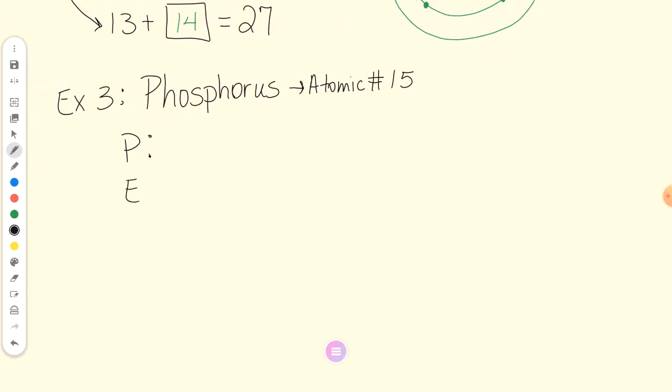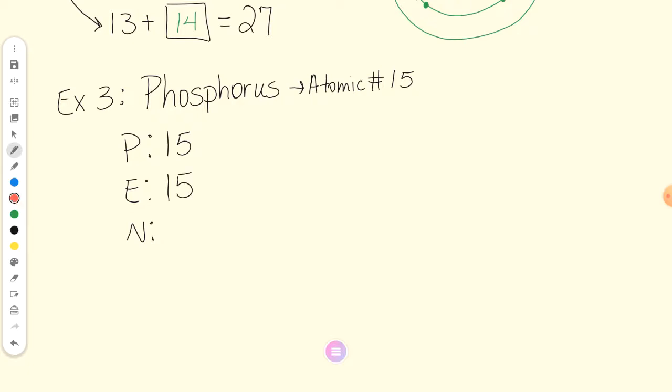We need protons, electrons, and neutrons. Mason, how many protons does phosphorus have? 15. How do you know? Because that's the atomic number. The atomic number tells us our number of protons. What else does that atomic number tell us, Emma? Our number of electrons.